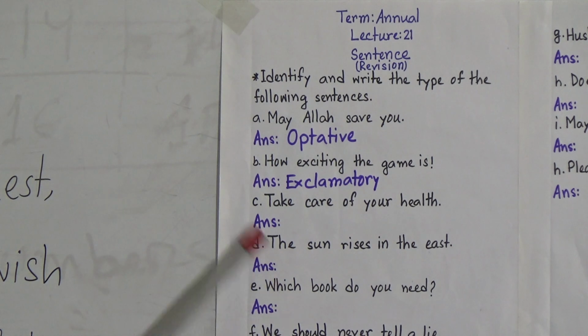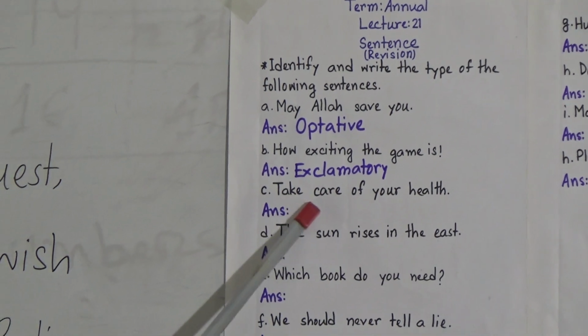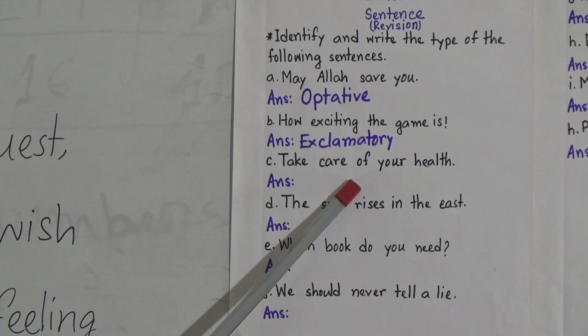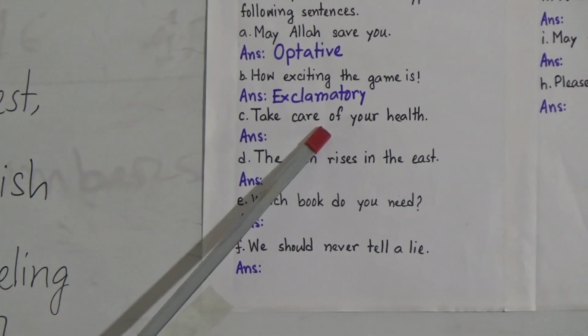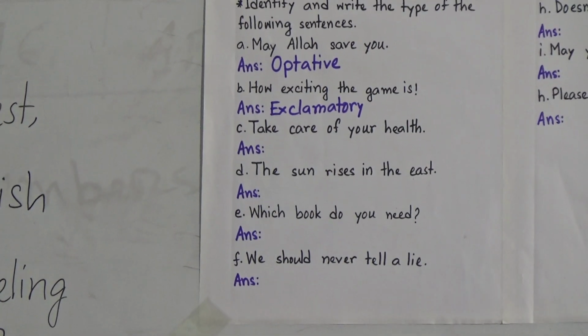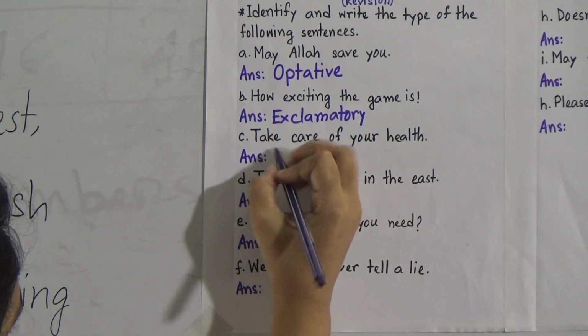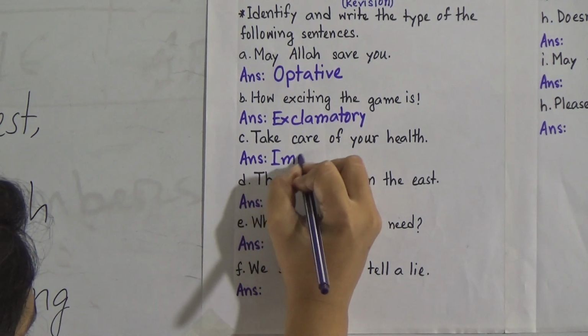Now number C, take care of your health. Now look, this sentence expresses a suggestion, so it will be a what? It will be an imperative sentence. So a suggestion or an advice, take care of your health. So we will write here imperative.